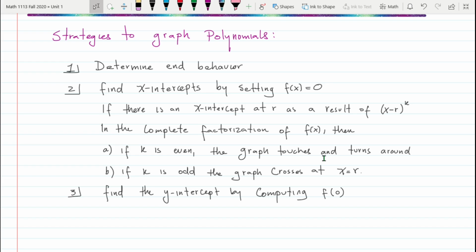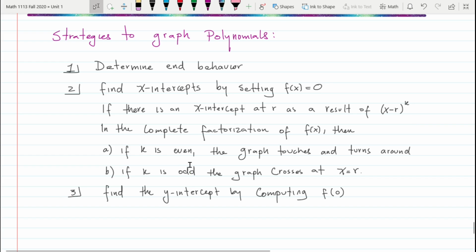The next thing you want to do is find x-intercepts by setting f of x equal to 0, right? Now, like we talked about earlier, if you're able to factor it in some form like this, then you want to take note on whether the power is even or odd, right?